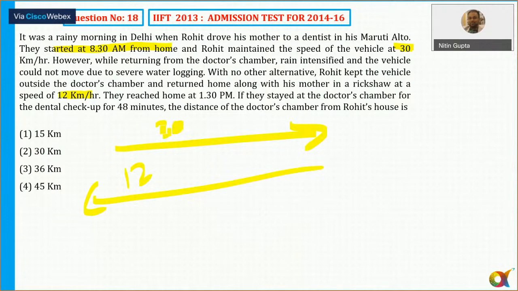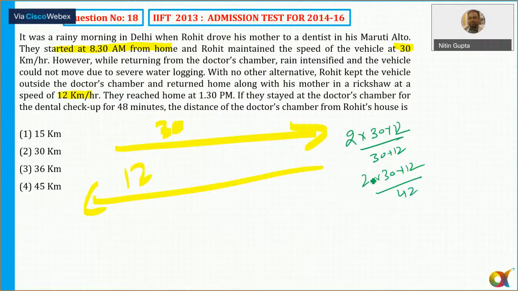So what is my average speed? What I have done, I have calculated the average speed. So average speed, ये average speed हो गई. ठीक है. And what is this average speed? I calculated 2 into 30, 42.